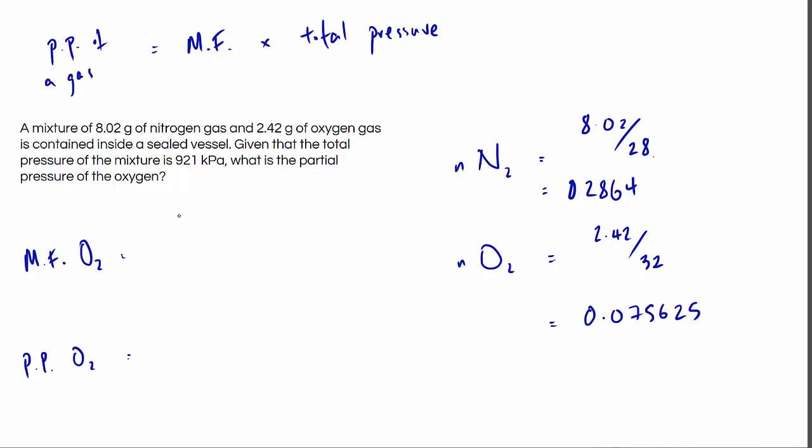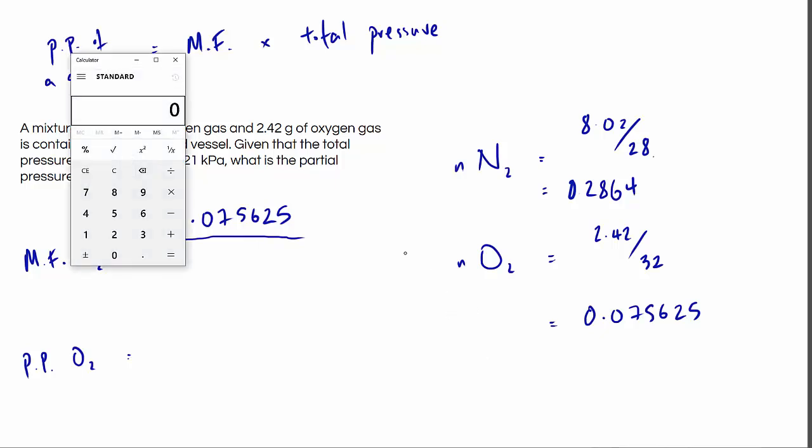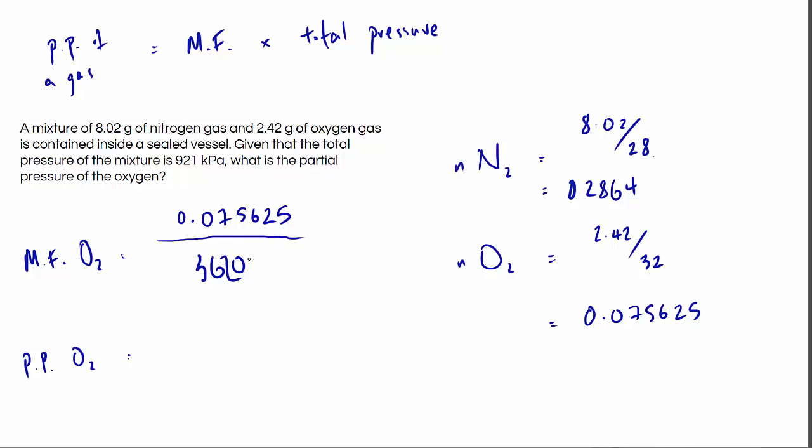Well, moles of O2 is 0.075625 divided by those two added together, which is going to be, roughly speaking, 0.362025.